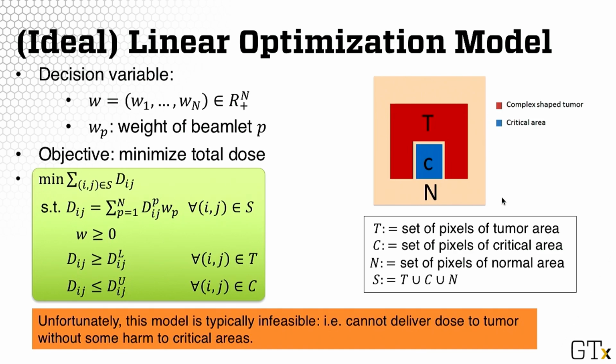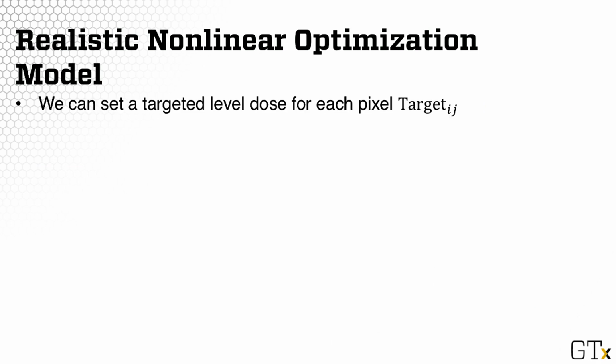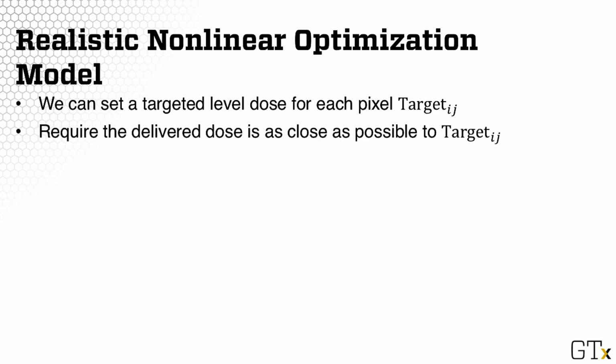So what do we do? We want to build a realistic nonlinear optimization model. And the way to do that is the following. There are many different ways, and we'll see one way, and we give actually two models. So we can set a target level of dose for each pixel ij. This can be determined by the physician. Depending on whether the pixel is a tumor, a critical area, or a normal area, the physician will say this is the target level of dose at that pixel.